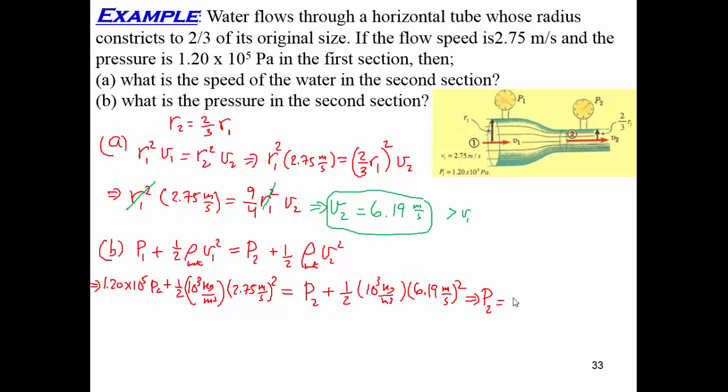So now P2 will be 1.05 times 10 to the power 5 Pascal. As you see here, P2 is smaller than P1, as we expect, because the velocity has increased. When the velocity increases, the pressure decreases according to the Bernoulli principle.